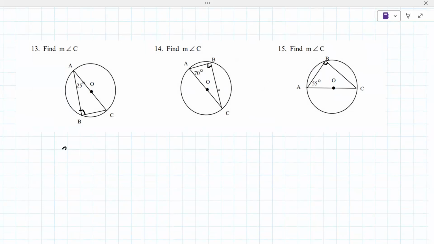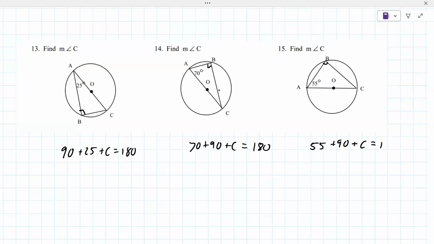So we know that the three angles add up to 180. And that's how you solve this type of problem. So C ends up being 65, C ends up being 20, C ends up being 35.